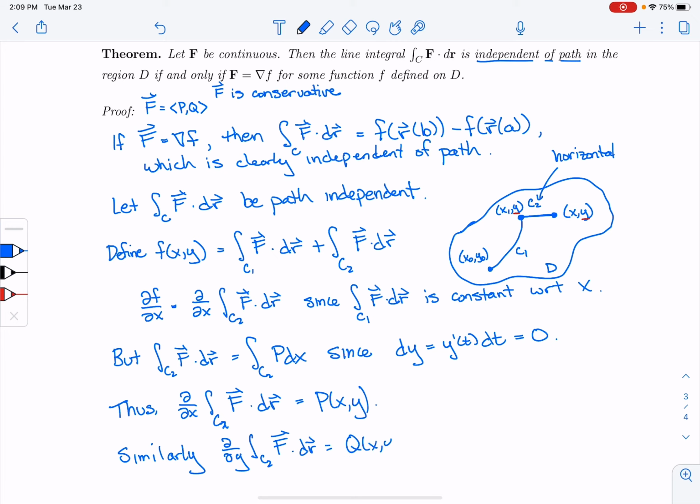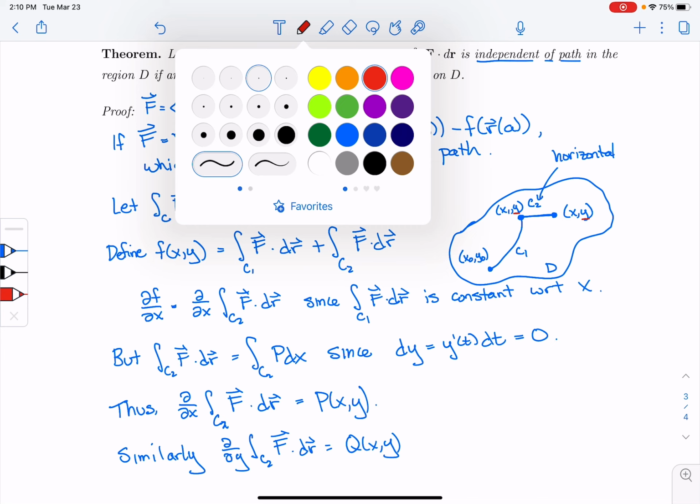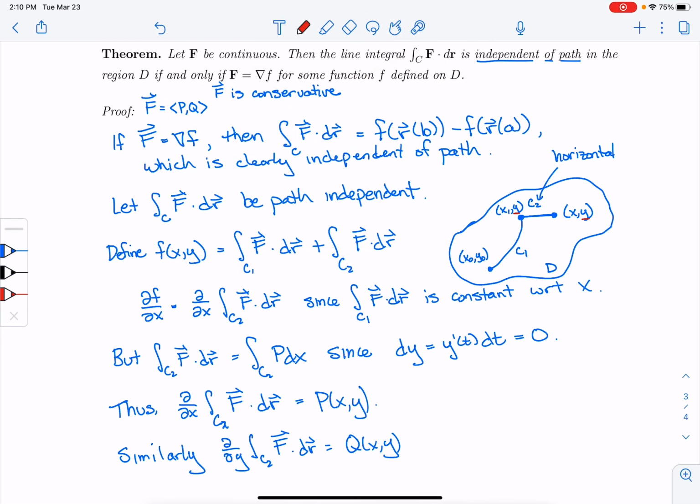We would essentially have to define a different path, maybe one that looks like this, and then we approach the point with a purely vertical path, like you can see here.